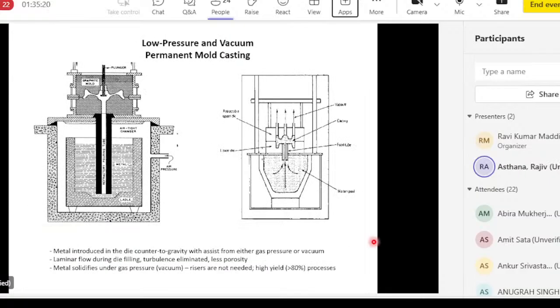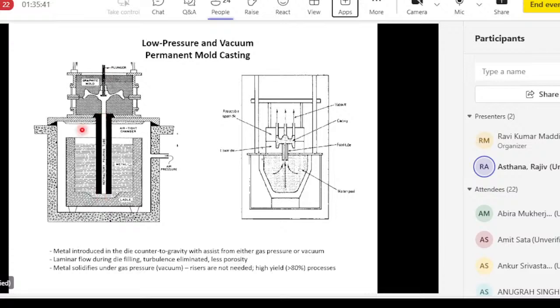Two variations of permanent mold casting utilize low pressure permanent mold casting and vacuum permanent mold casting. So on this side, left side, we are looking at the low pressure permanent mold casting. The idea here is to use pressure of a gas to make the liquid rise into the mold cavity.